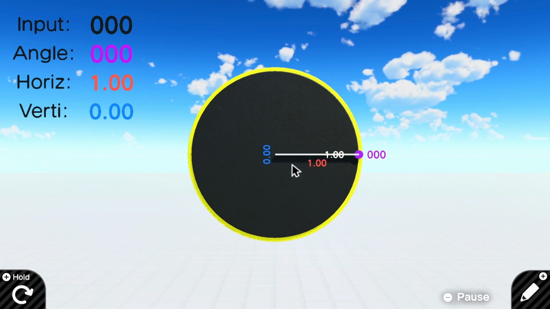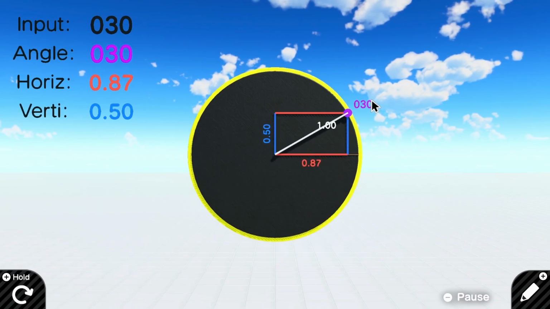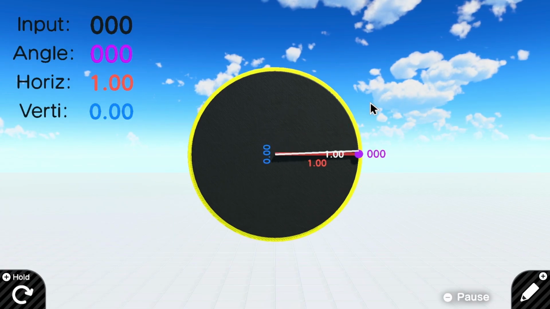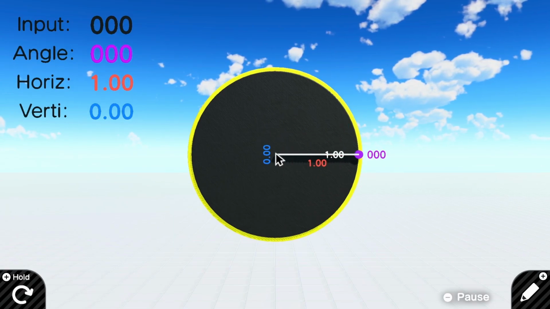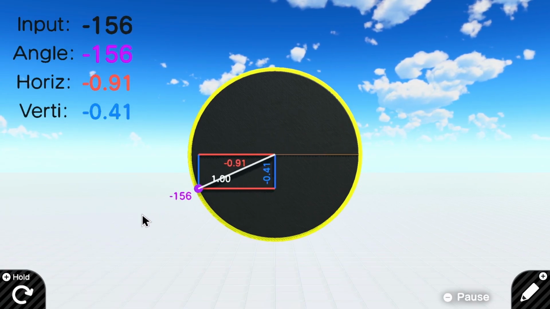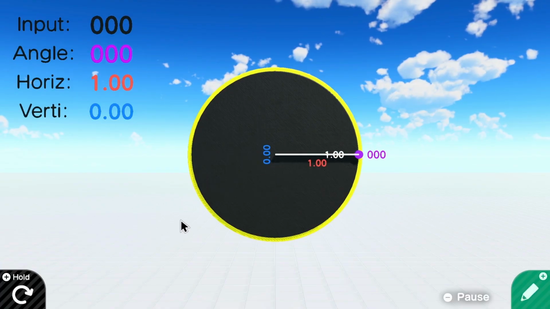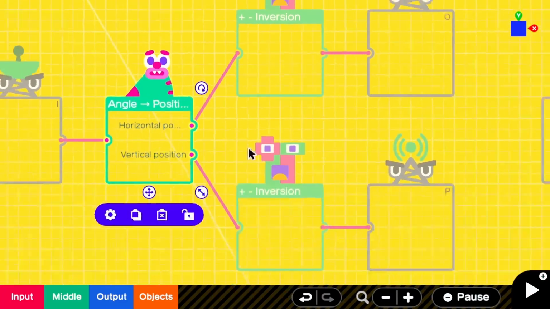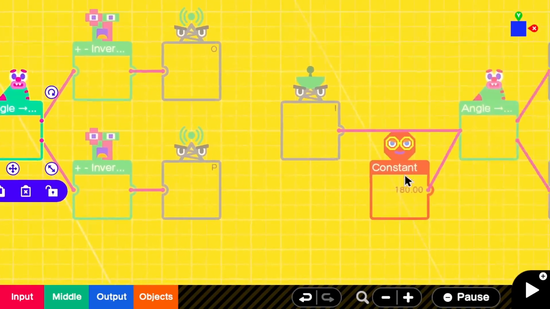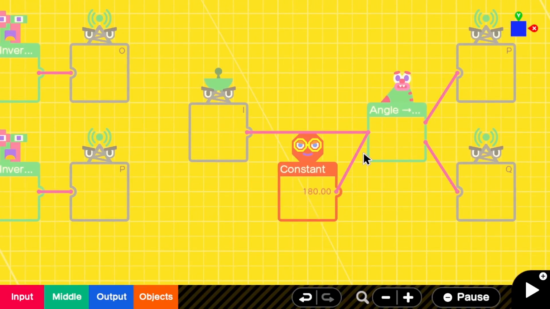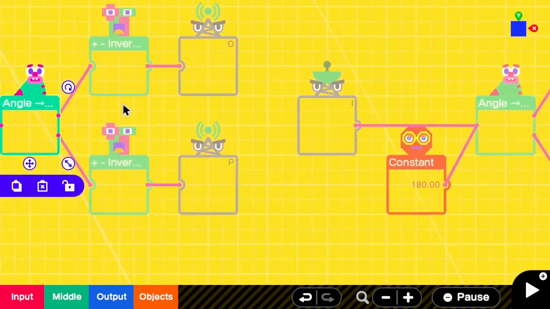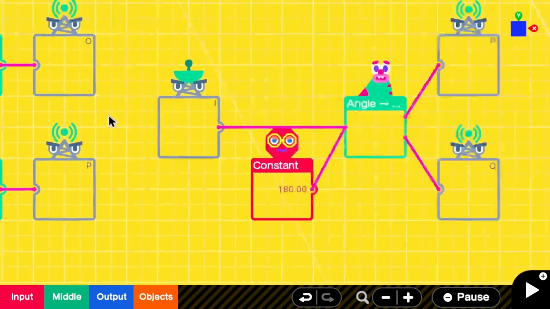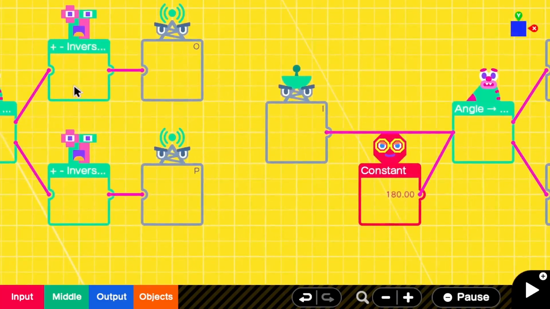But now since we're pointing it at the opposite side of the circle, we're basically just inverting the horizontal and vertical outputs. So that's why whenever we have an input to our angle to position nodon, if we add 180 to that angular input, whatever outputs this original input would have given us will just be inverted, but the same value.